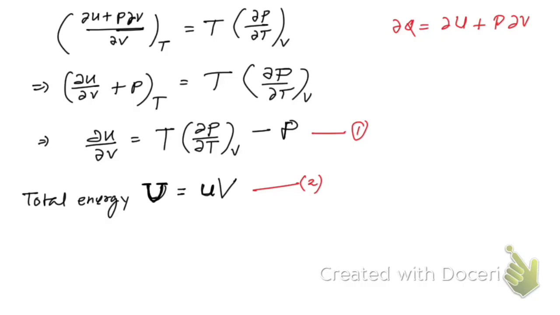Now, the pressure exerted. Hope you know this relation: the pressure exerted is equal to 1 by 3 times the energy density.